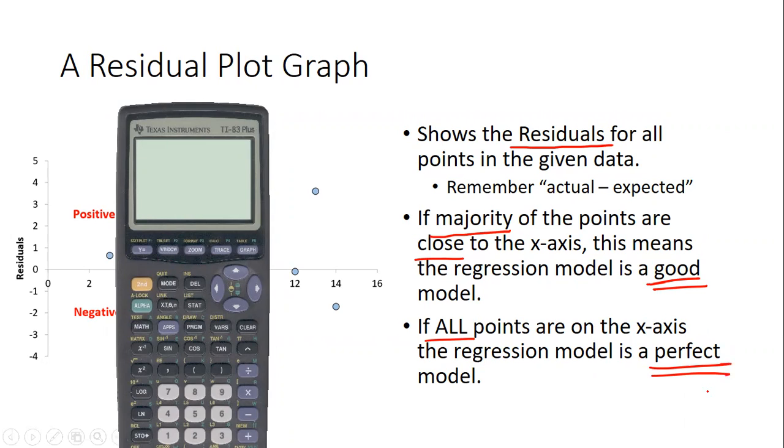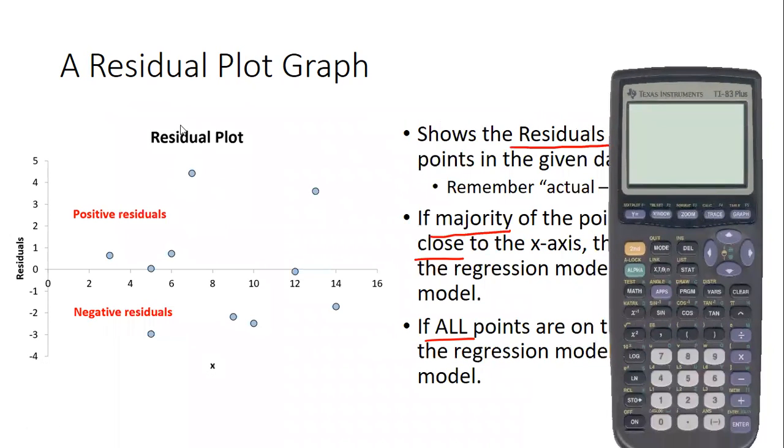Do we see that? All right, so looking at this residual plot we have here, does the model seem to be good? Not really, right? The majority of our points are not on or close to the x-axis. Do we see that? We have them all over the place. So whatever it's representing is not a good model.